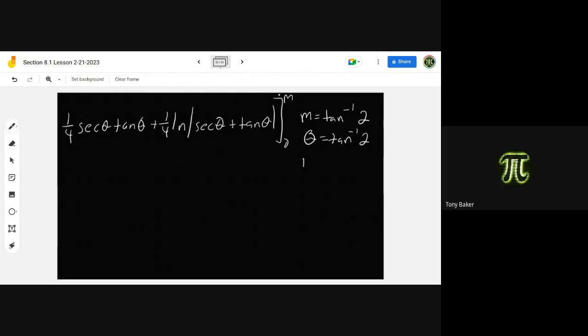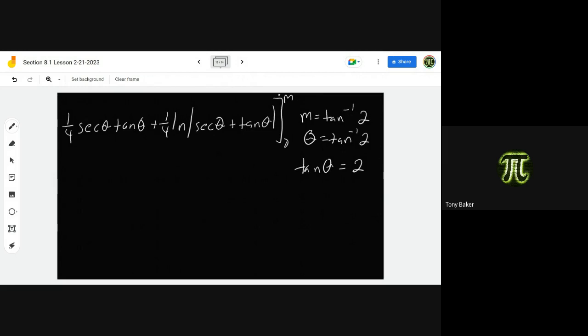So tangent of theta is 2, correct? Notice, I'm trying to find these so I can just plug them back in. When I plug in my tangent of theta, I can just replace it with a 2. I don't have to replace it with anything crazy.